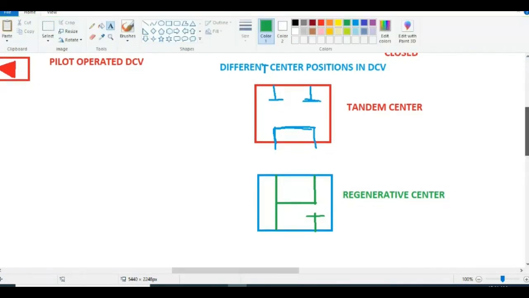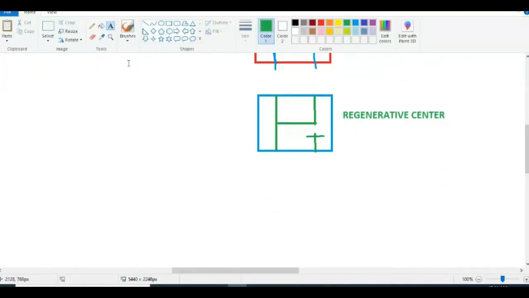Later on we are going to discuss in brief the significance of these different center positions.